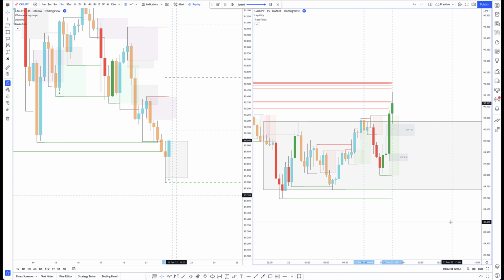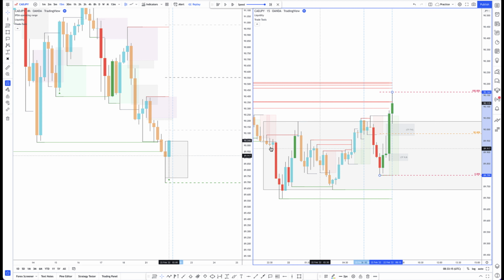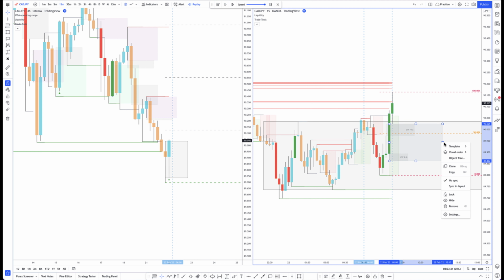Now this is a little bit crazy one. Took 1 to 3 candles to form, so not the best setup, but I think considering we got our 2 elements here, draw the range and draw my order block, my trade zone.